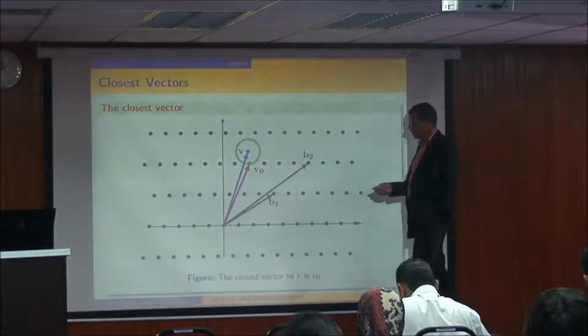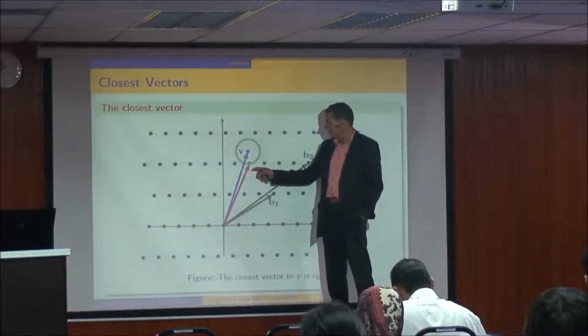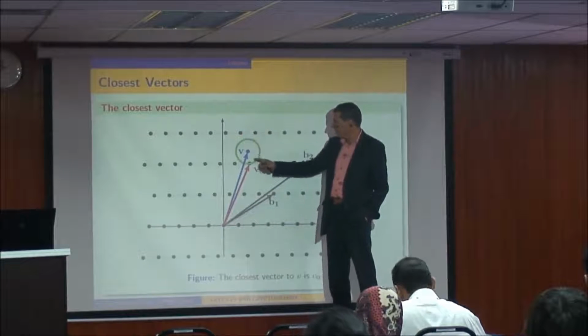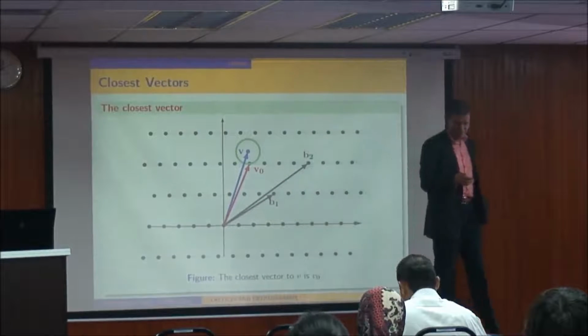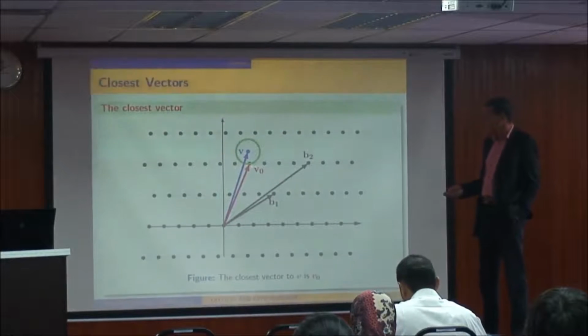You can see that here there are four candidates for the vector b0. This is a candidate, this one also, this one, and this one. So here we have four candidates for b0, for the closest vector.